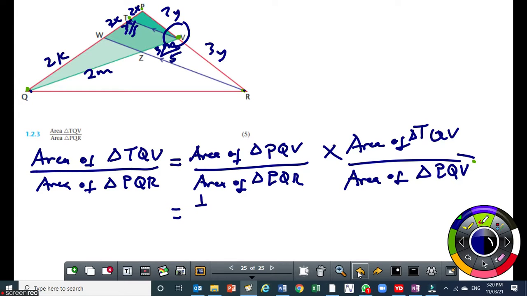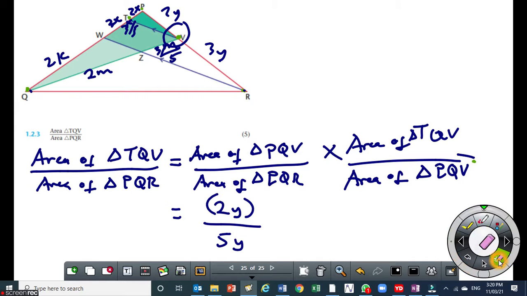So in actual fact, I don't need the constant. All I need is that the base of PQV is going to be equal to 2y. So I put 2y here. The base of PR is going to be 2y plus 3y, which is 5y. But before I carry on, I want someone to ask before I carry on why I wrote 2y over 5y.